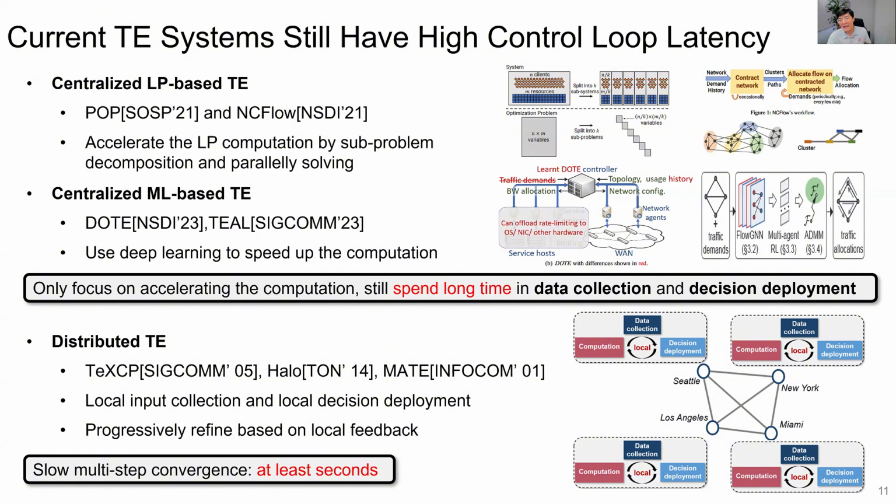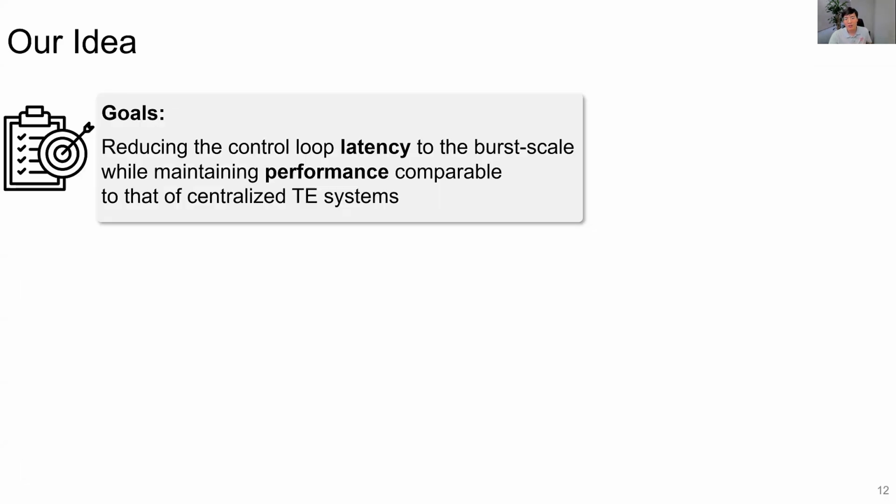The convergence time is at least seconds. In short, none of the state-of-the-art TE works achieve response time on the millisecond level. Inspired by previous work, our goals are twofold: reducing the control latency to the burst scale while maintaining performance comparable to that of centralized TE systems.